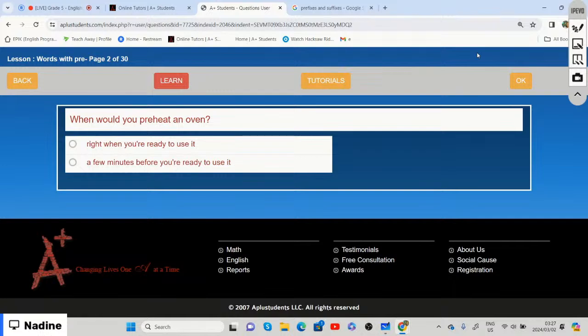All right, so now we need to say what is preheat, or when do we preheat an oven? A few minutes before, sorry, preheat an oven. And I would say a few minutes before they're ready to use it.